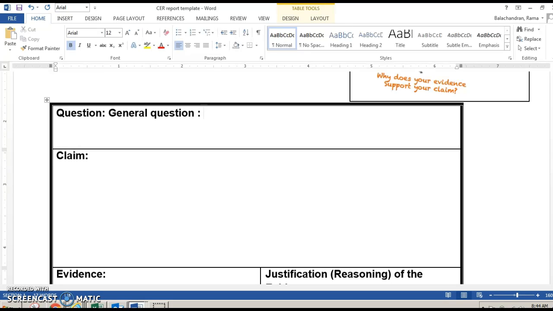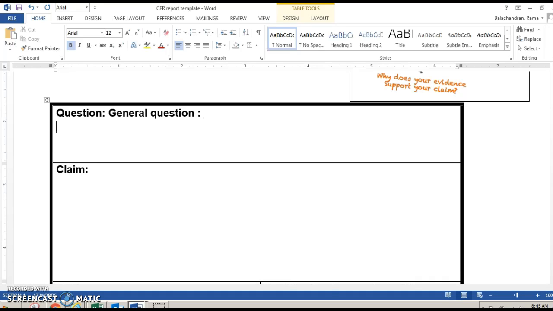So that could be a general question. Or she was a little bit more specific later on, because she said that she's going to change something in the experiment and see how that change affects something else. So that could be your more specific question.